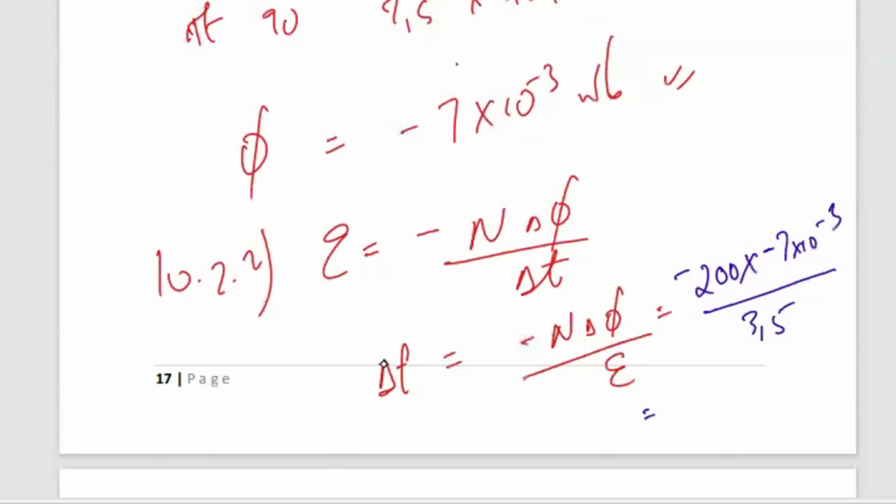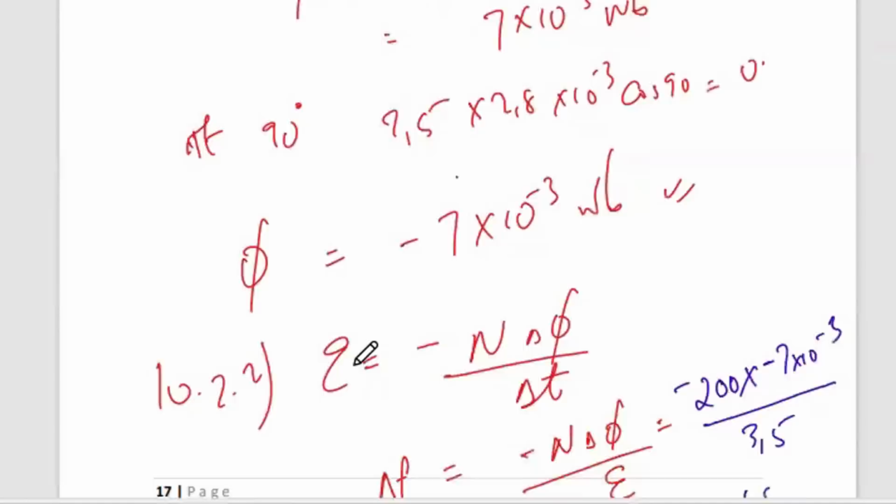When I punch that into my calculator, I'm saying 200 times 7 times 10 to the negative 3, and we're dividing it by 3,5. That gives me 0,4 seconds. All right, so that is 10.2.2.